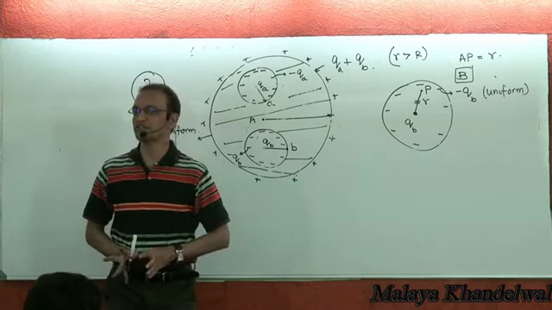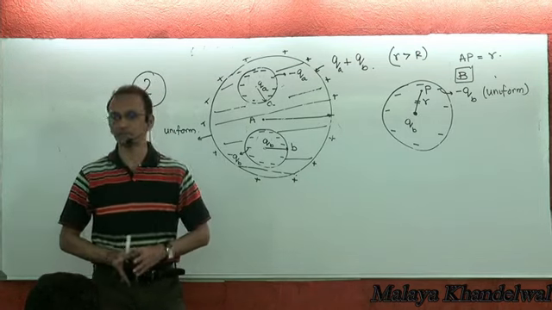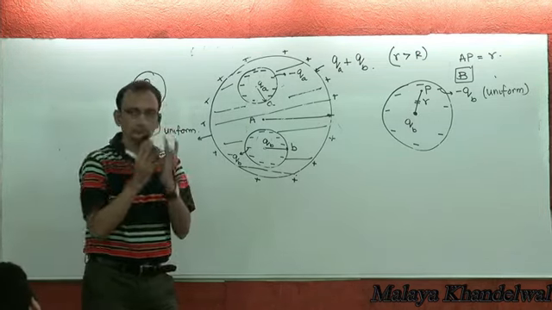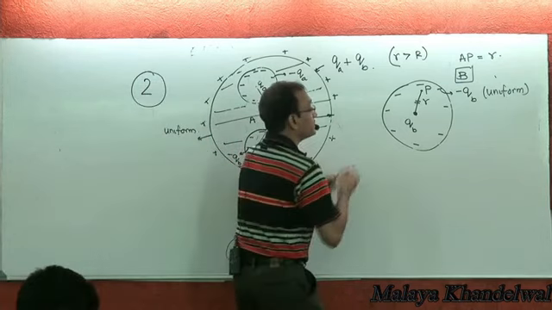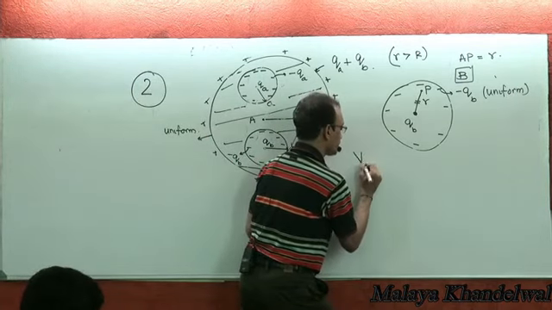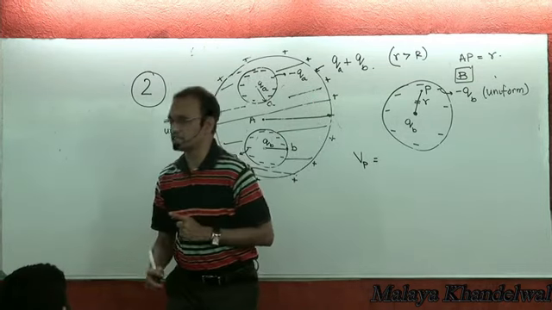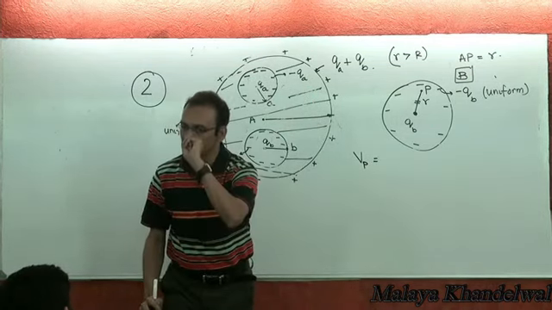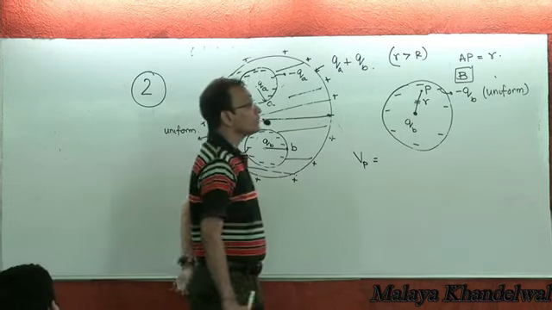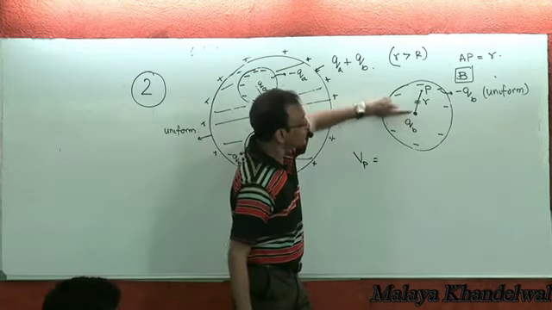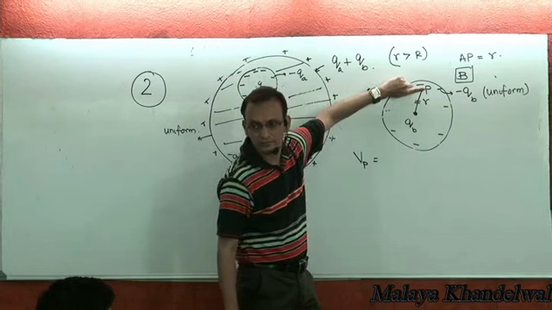Now let me come to the potential at this point. Potential at this P, because of the cavity and its contents first. Because of QB, it's going to be KQB by r, right?